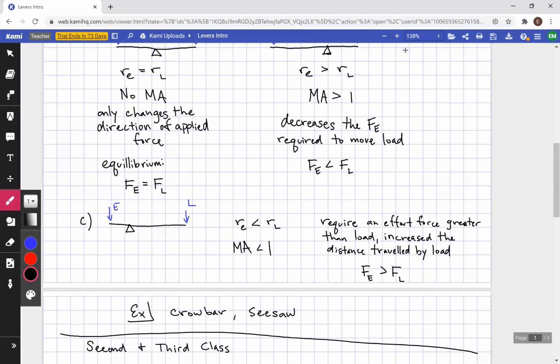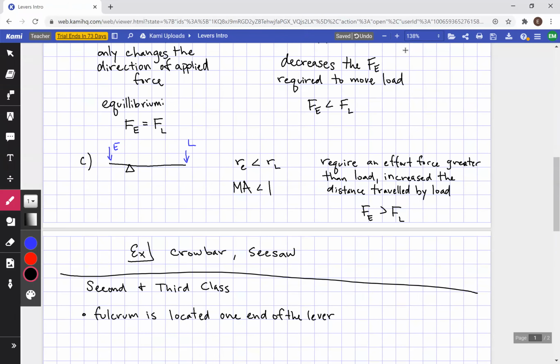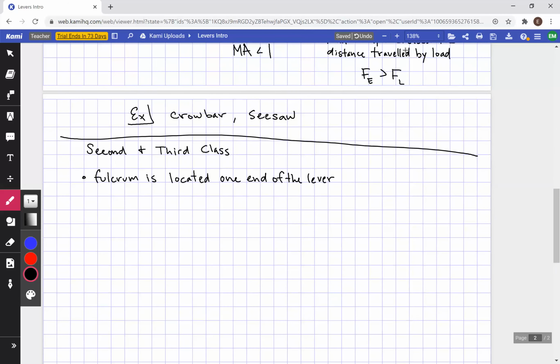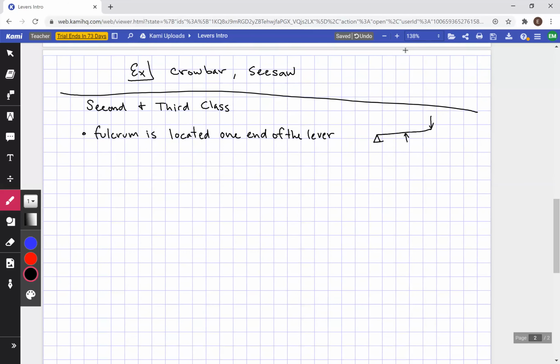Whereas with a first class lever, the fulcrum was somewhere in the middle. On a second class and third class lever, the fulcrum is at one end, and then you have forces acting on one side of the fulcrum.